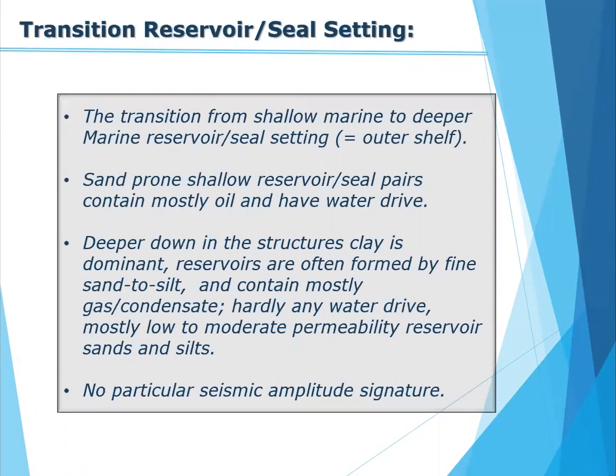Deeper down in the structure, clay is dominant. Reservoirs are often formed by fine sand to silt and contain mostly gas and condensate. There's hardly any water drive. There are mostly low to moderate permeability reservoirs as sands and silts, but which are very nicely correlated. And again, no particular seismic amplitude signature.